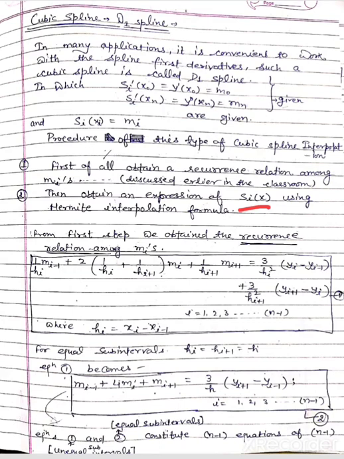Hermite interpolation formula we have discussed in the classroom, which is used when the function and its first order derivative values are given. Now let us proceed.